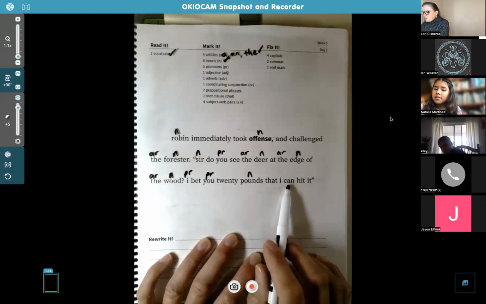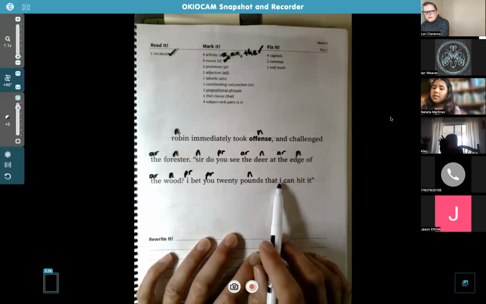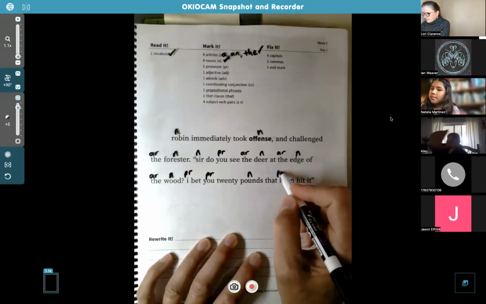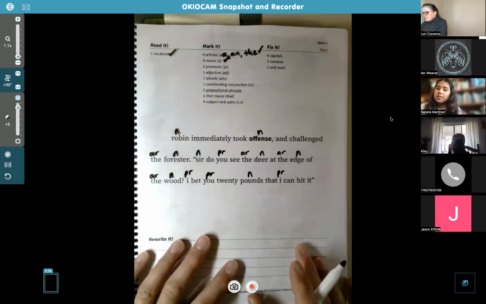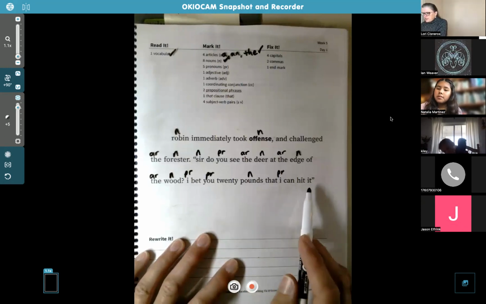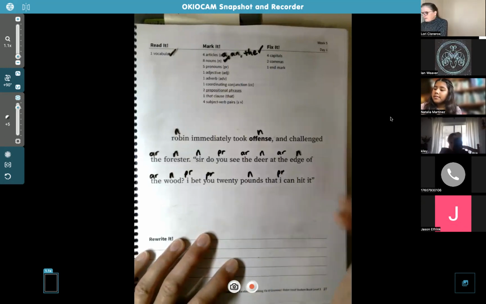No, that's a verb, but here we have another I. And what is the pronoun to take the place of a thing, like an object? That's not a boy or a girl. What word do you use to say that?